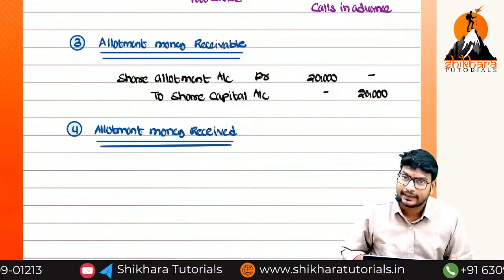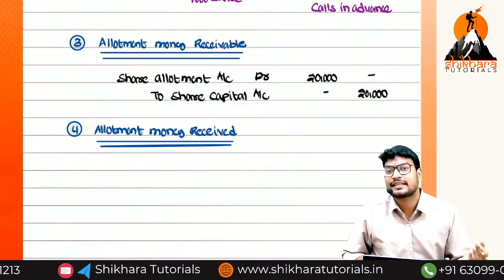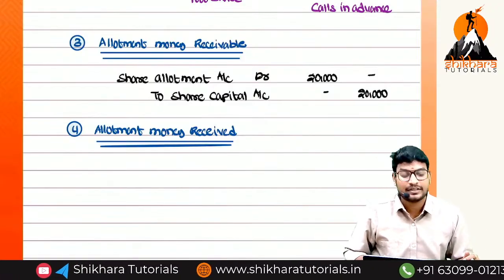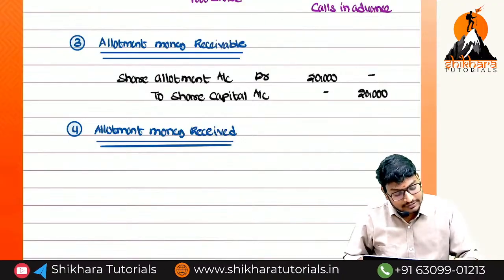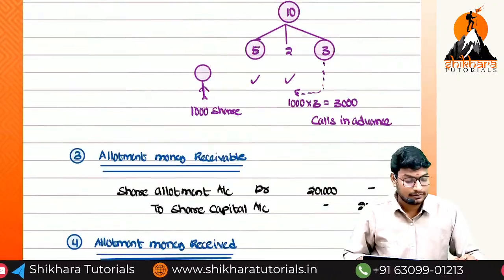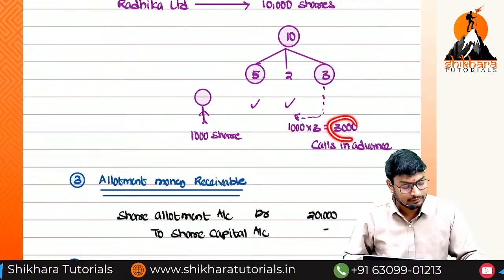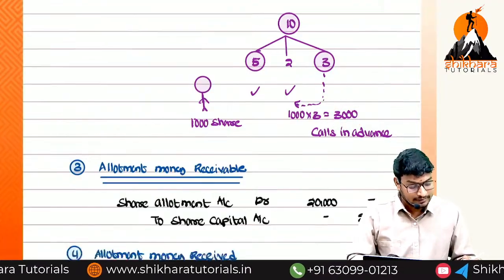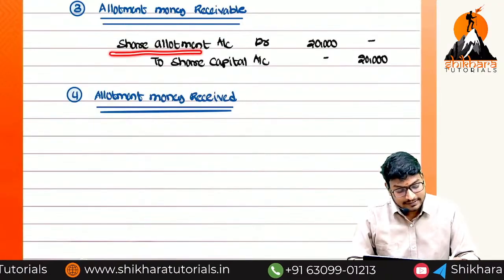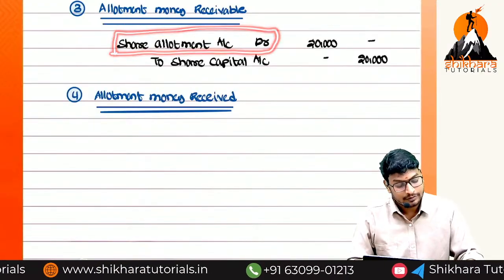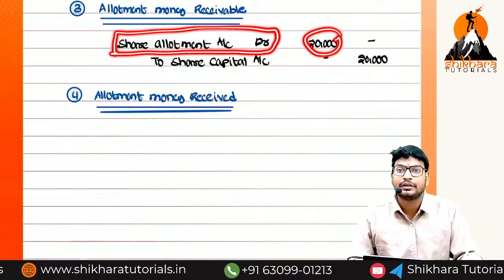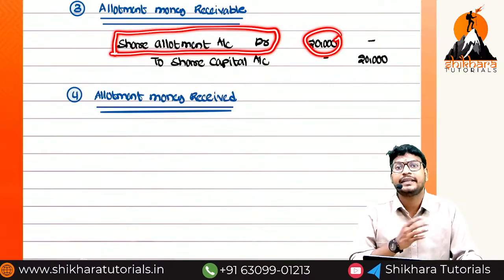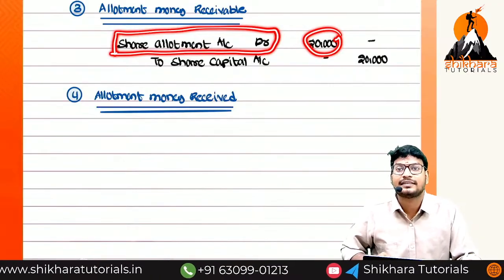And again, on 1,000 shares, 3 rupees extra amount we have received. Totally how much have we received? 20,000 plus 3,000. What is the total amount? 23,000 we have received. But here the allotment account is debited with only how much? 20,000. Now we have to credit it with only how much? 20,000. The remaining 3,000 is called calls in advance.